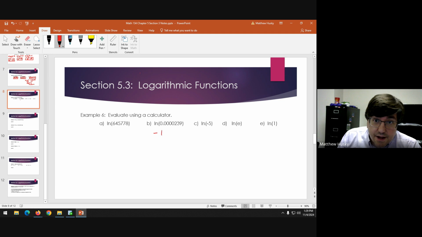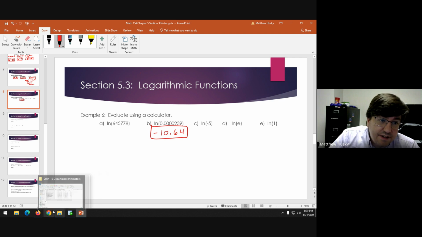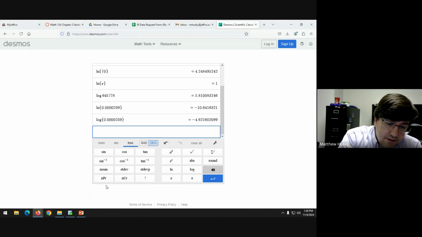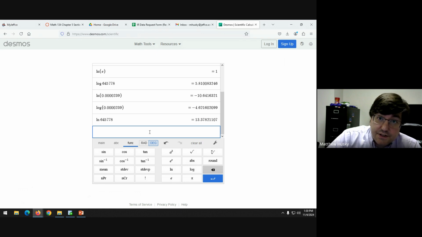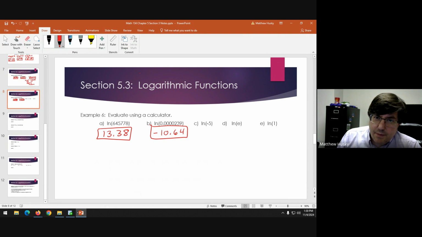That's part B. What is ln of 645,778? That is 13.38. Fun fact, part C is going to be undefined.